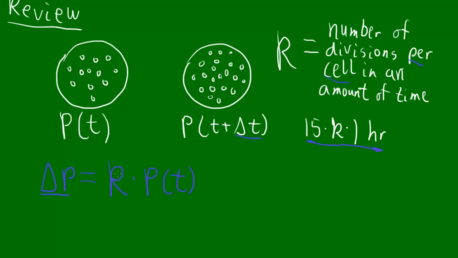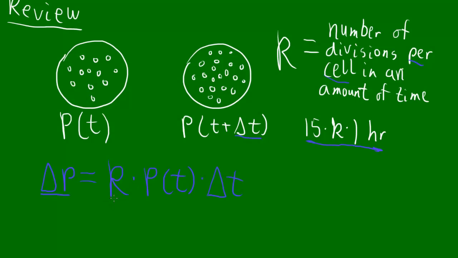So now what we have is the number of cell divisions per cell times how many cells we have. So that leaves us with a quantity that's the number of cell divisions we have in a unit of time. So to get the number of cell divisions total, we need to multiply that by some time delta t. So that's all well and good.